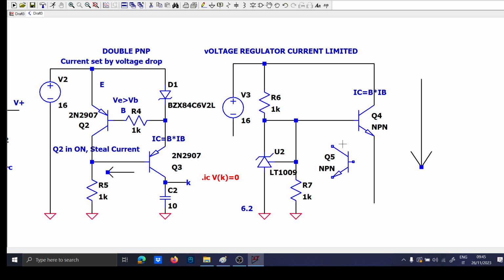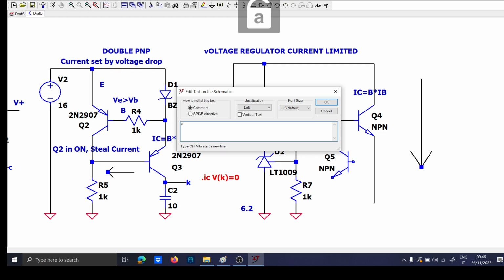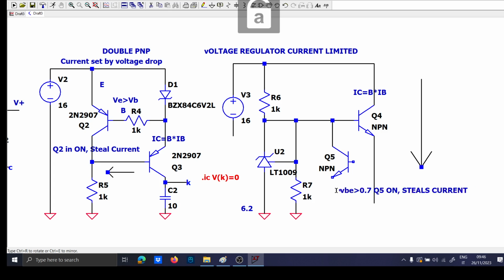So it should be connected like this. And now what we want to do is check a condition, like a Schmitt trigger: when the voltage VBE is higher than 0.7, Q5 turns on and steals current. So that's what we want to do.